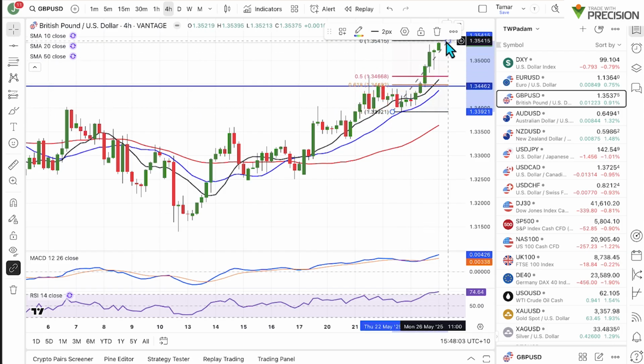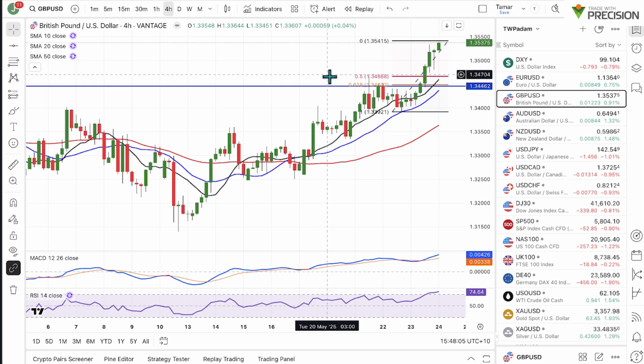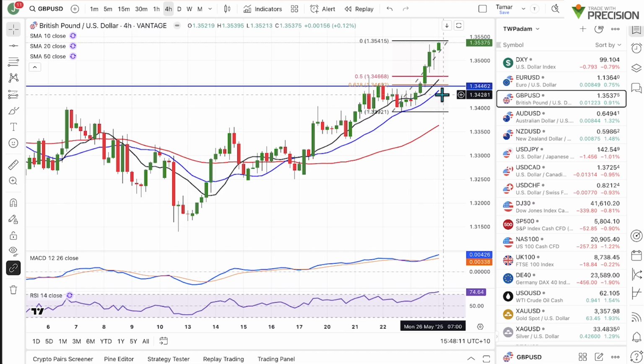As we can see, we've got the 61.8% retracement clustering very nicely with this level and the buy zone. So on pound US, I'm looking for a pullback into the 1.3450 area. Any signs that the buyers are back around that level, and I'll be looking for a continuation of this move.